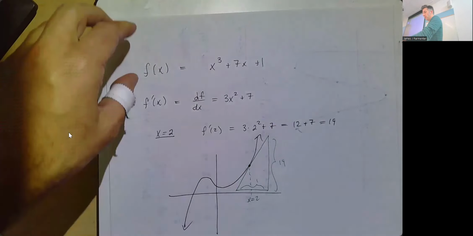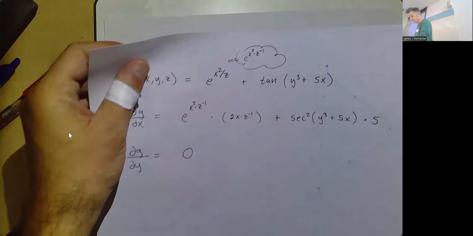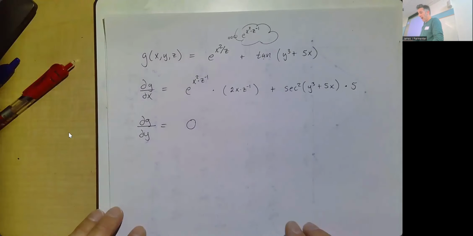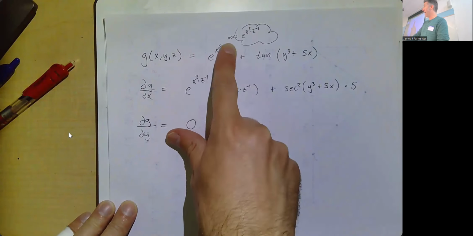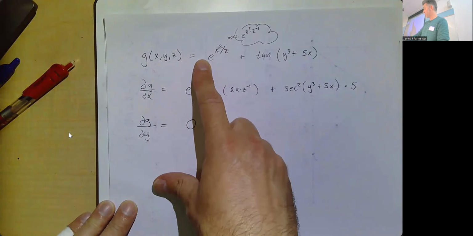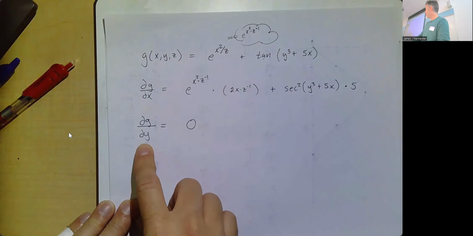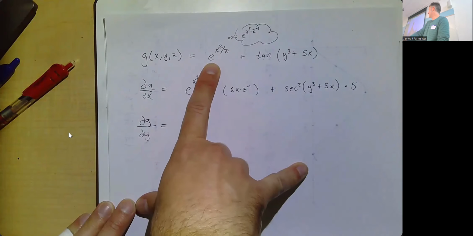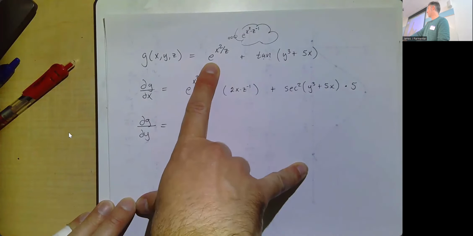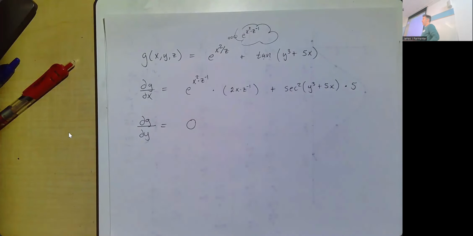So what we're asking here, back in this other example, is how is this function changing as y increases? When we're talking about the partial with respect to y, if y is increasing, e to the x squared over z isn't changing at all. I should be more explicit: I'm asking how this function is changing as y is increasing and every other variable is staying the same.